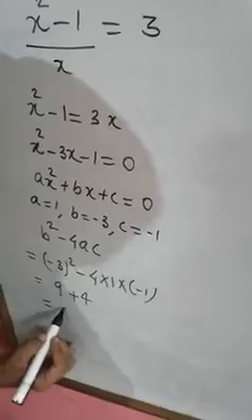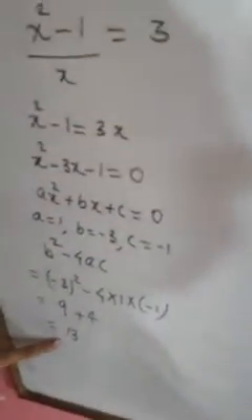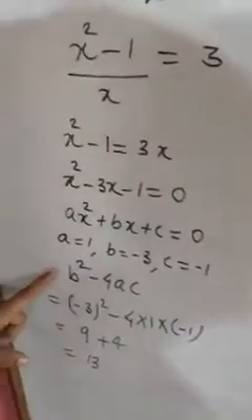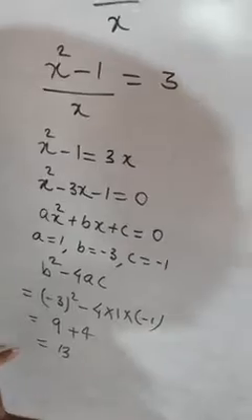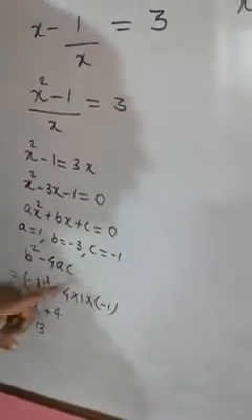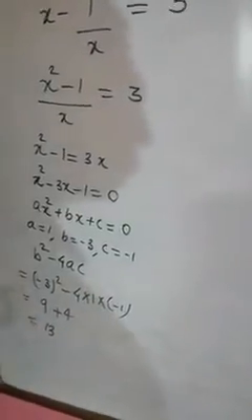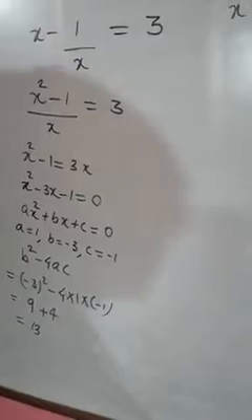It is equal to 13. That means b square minus 4ac is equal to 13, and I already told you in the previous class, if b square minus 4ac is greater than 0, then we will have distinct roots. If b square minus 4ac is equal to 0, then it has equal roots. If b square minus 4ac is less than 0, it will have no roots.